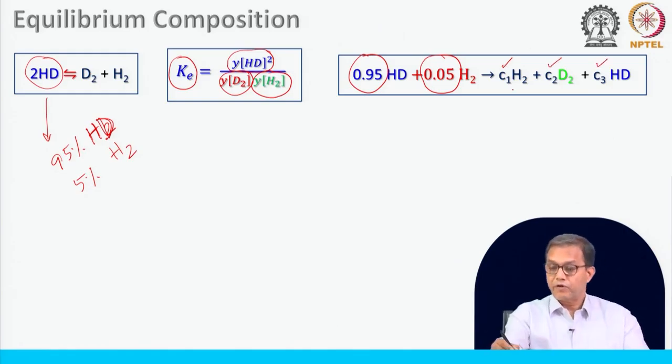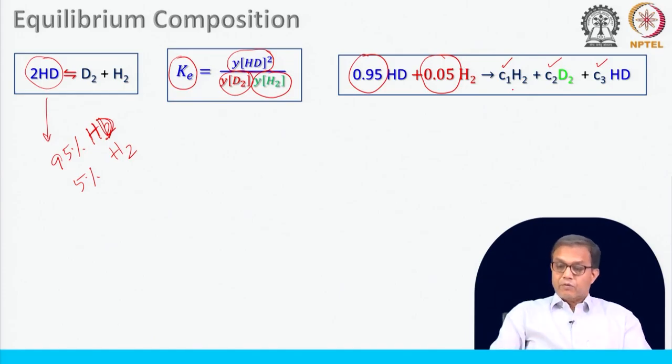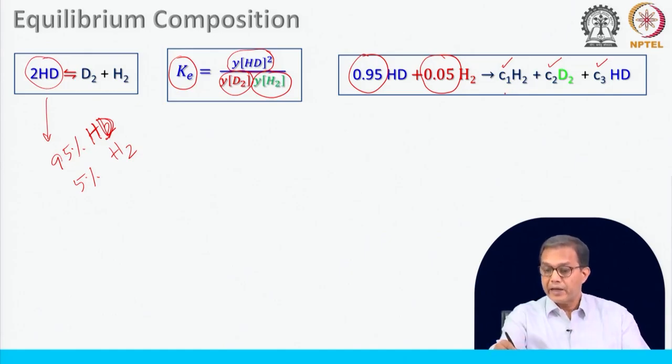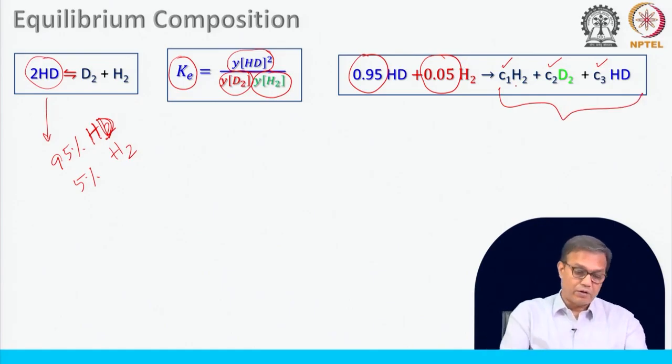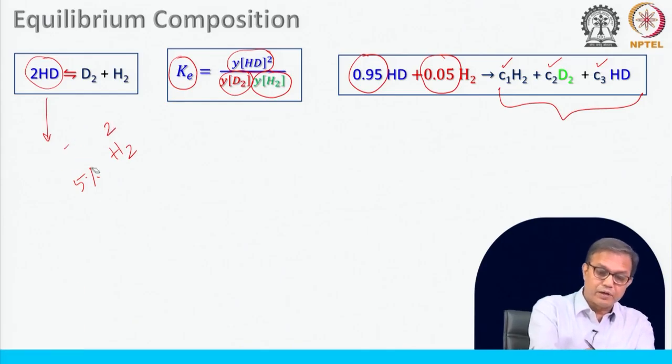C1 is for the hydrogen, C2 is for deuterium and C3 is for hydrogen deuteride. So, we need to look into the composition of the gas, which is this product concentration. If we want to find it out, how do we do that? So, let us look into that part.